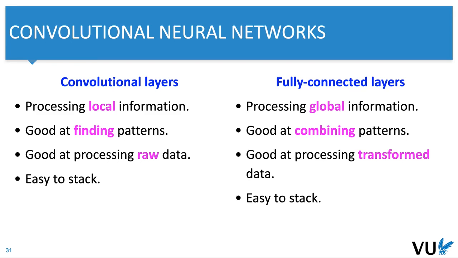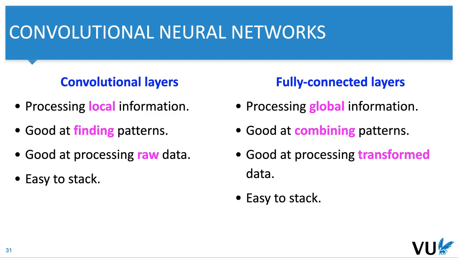And to see it in one slide, to remember what these properties are: convolutional layers process local information, while fully connected layers process global information. And convolutional layers are good at finding patterns, while fully connected layers are rather good at combining patterns.